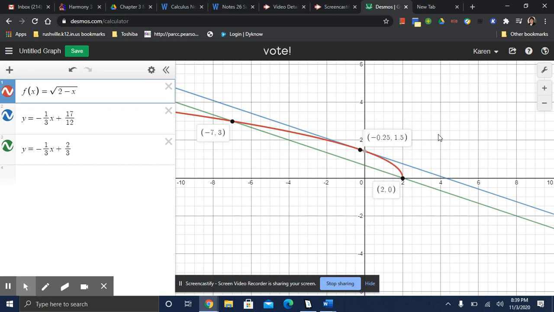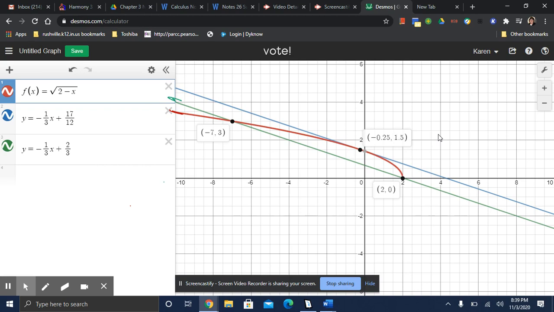So on Desmos here, the red graph is your original problem, that's the square root graph. And then I went ahead and found what the equations were. So the green line that you're seeing here is the line that connects the two endpoints.